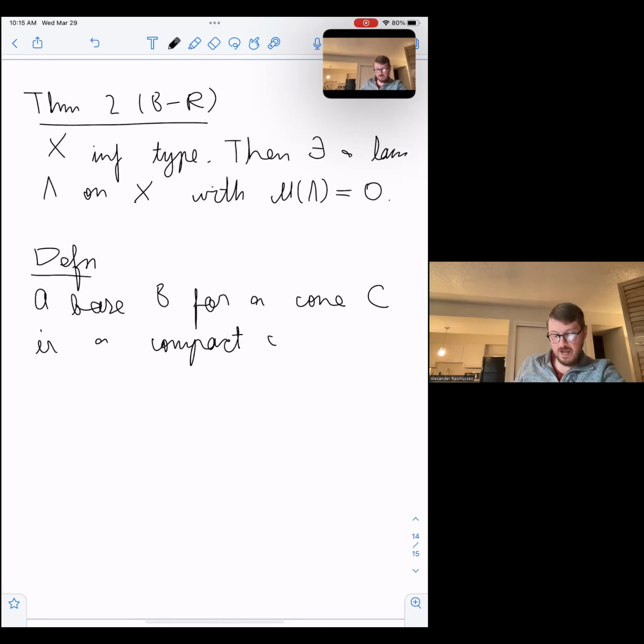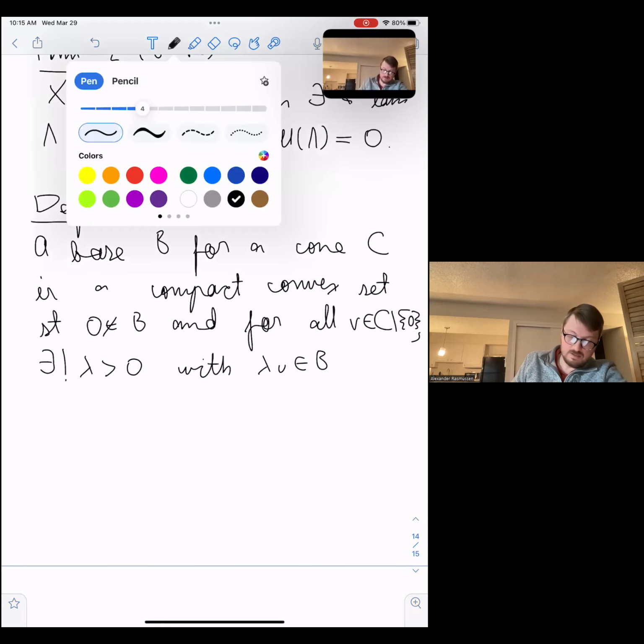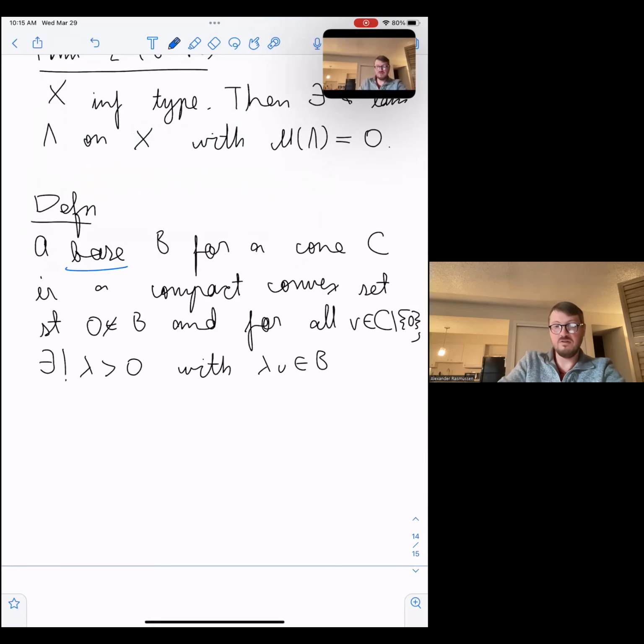So it's a compact convex set B such that 0 doesn't lie in B, and for all vectors in C other than 0, there's some unique scalar multiple which lies inside of B. Okay, so again, this is just the natural notion of a cross-section for a cone.